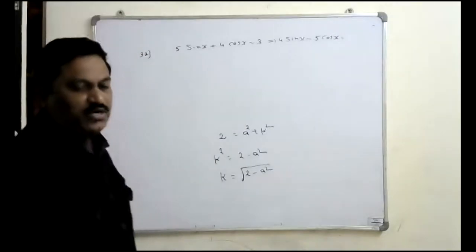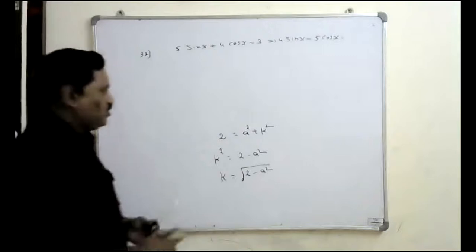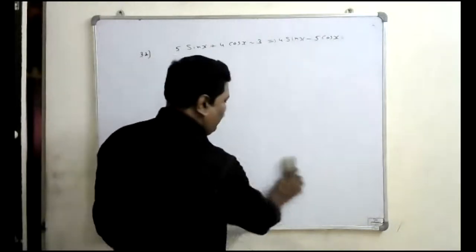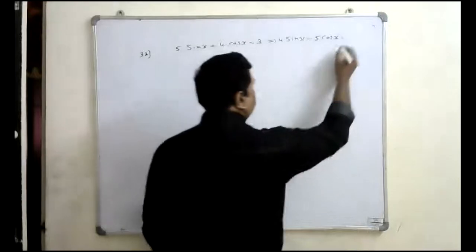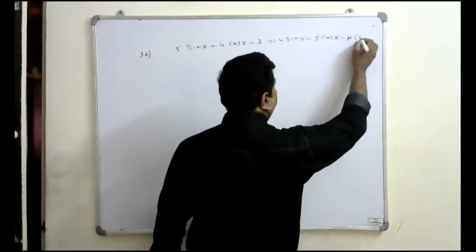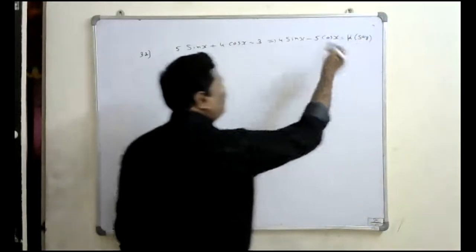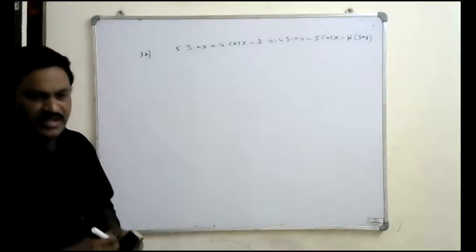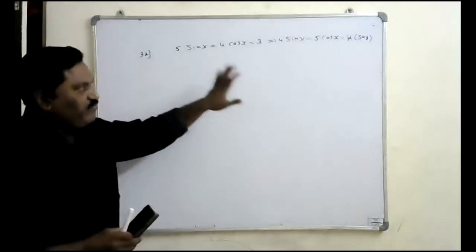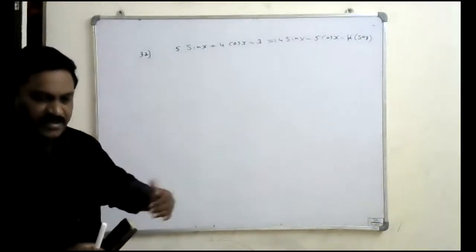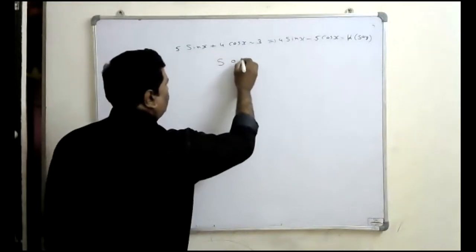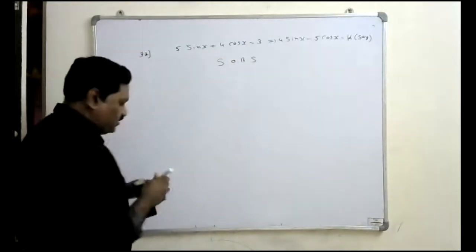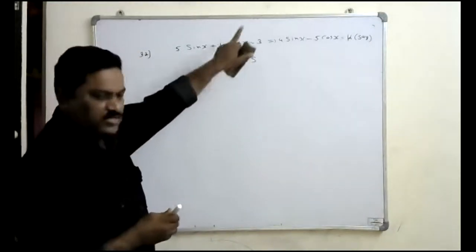Okay. So here also the procedure is the same. We can observe that the equation is there in terms of sine and cos. I don't know what the value of this expression is. Take this equal to say k. I want to find the value of k. Then we will square both the equations on both the sides, then we will add them. Squaring on both the sides, it is a plus b whole square form.